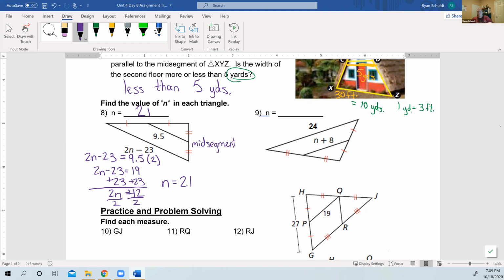Number 9, they flipped it on us. We still have the same relationship, but what we've got to multiply times 2 is what has the variable in it. 24 equals 2 times our mid-segment right here. This is our mid-segment.